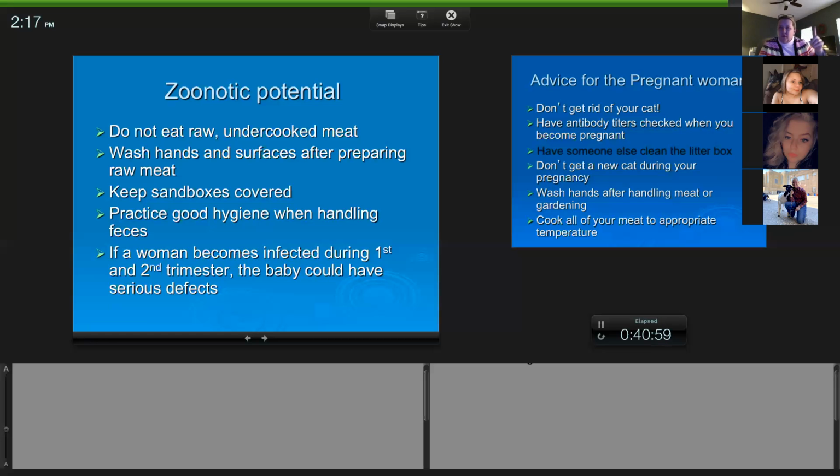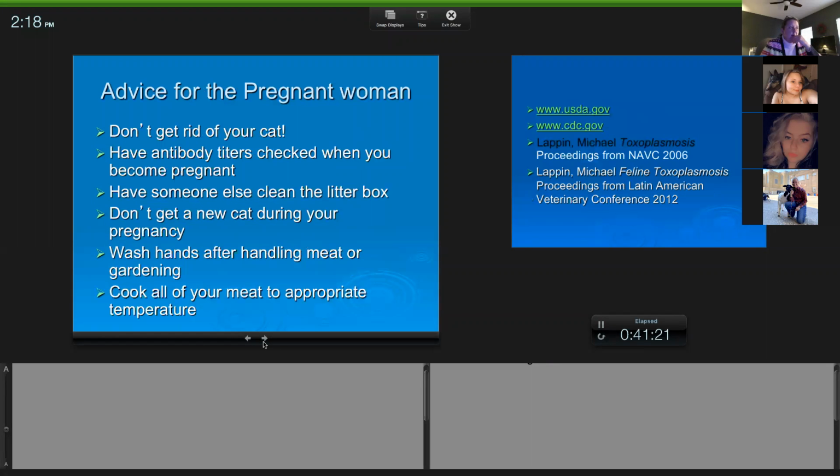So you can wear gloves and wash your hands, but if you inhale it, maybe wear a mask or don't dig into flower beds. Because again, a lot of stray cats like to use people's garden beds as a litter box. So if you notice a lot of feces in your garden bed, you've got to be careful, and especially in the first and second trimester.